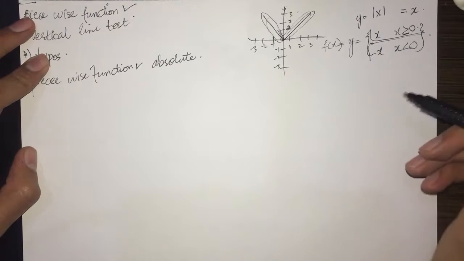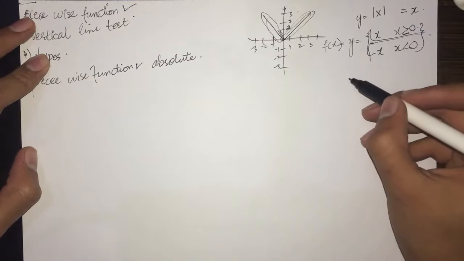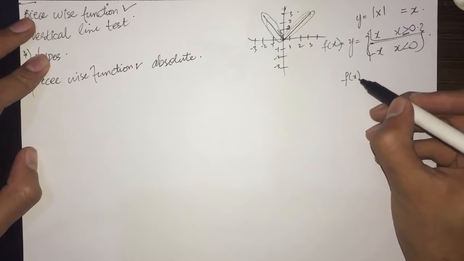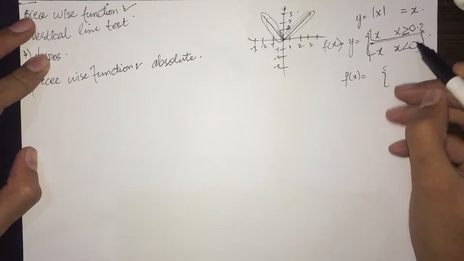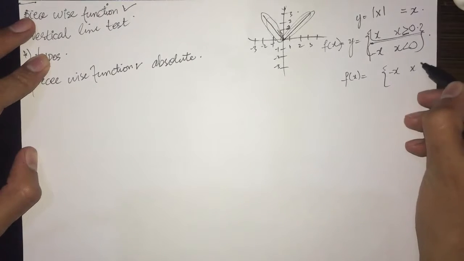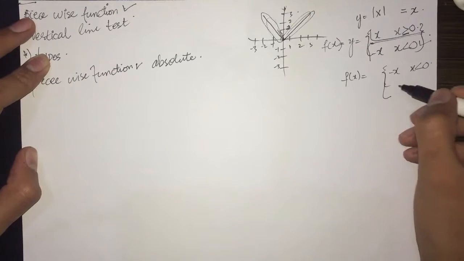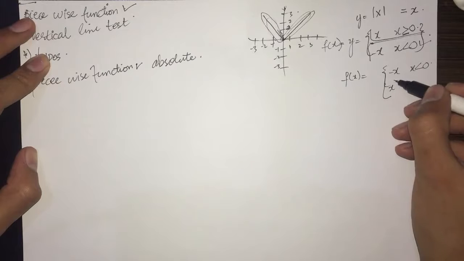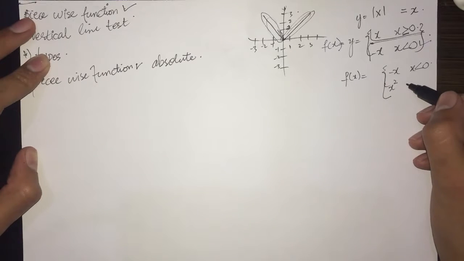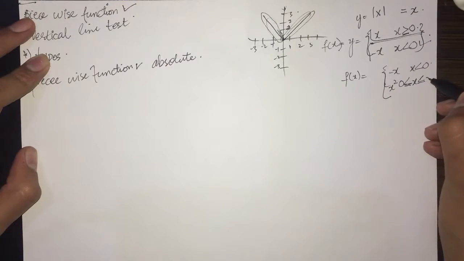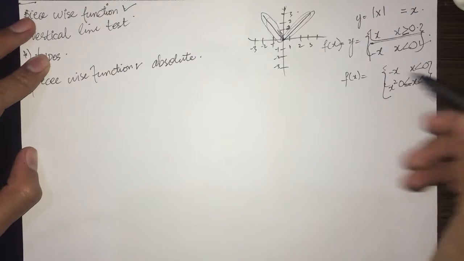So for example, I have a piecewise function given: f of x equals minus x when x is less than 0, same thing as this one. And then we have another function given that is x square, where x is greater than or equal to 0 and less than or equal to 2. So how are we going to graph this?